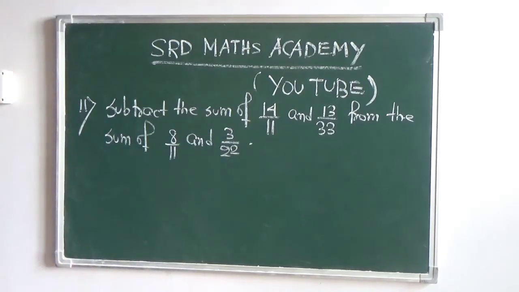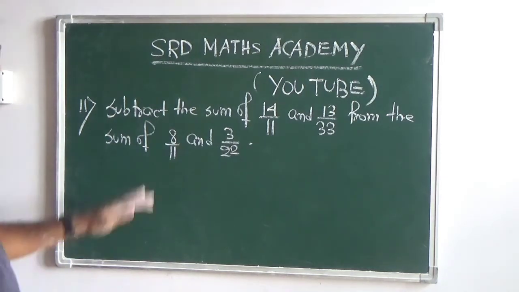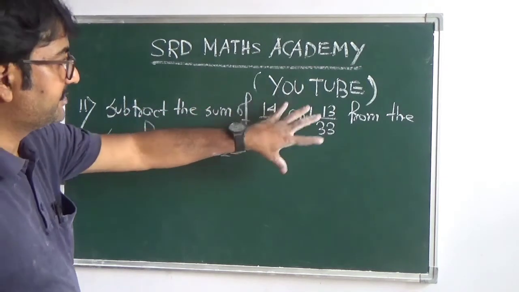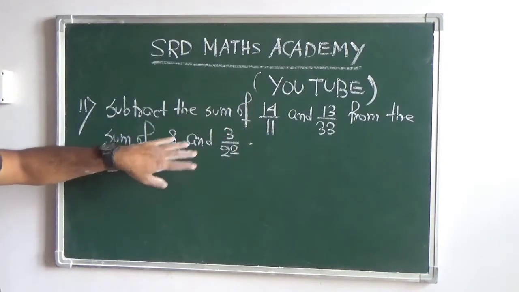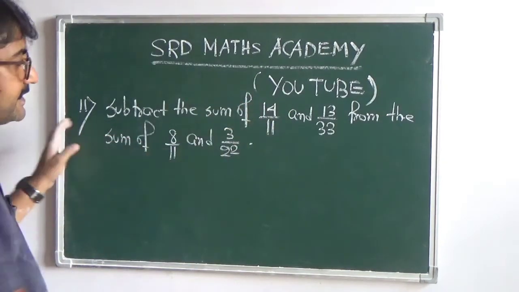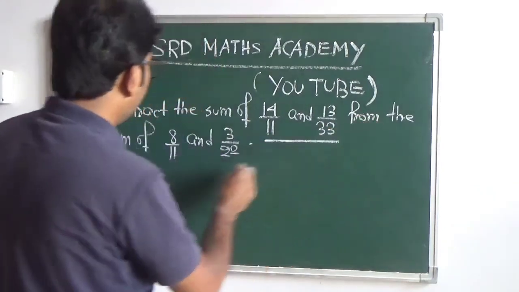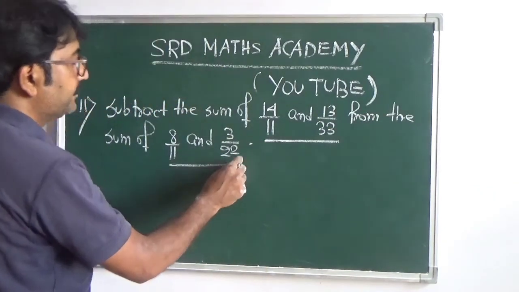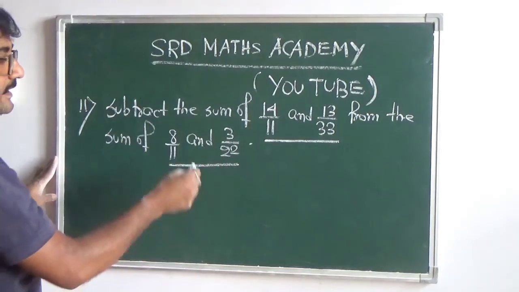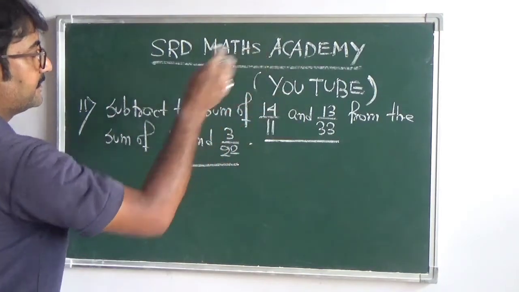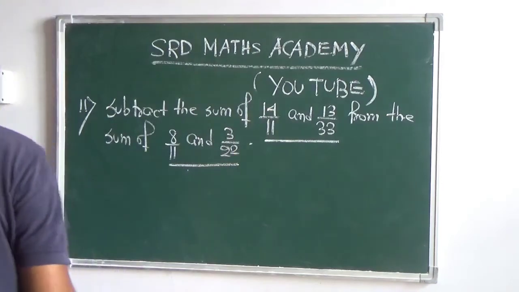In this question, you first have to add these two, and then add these two. Then subtract the result of this from the result of this. So let us move.